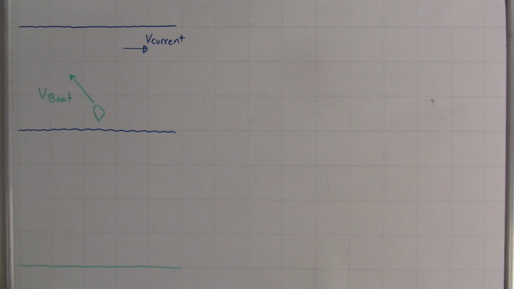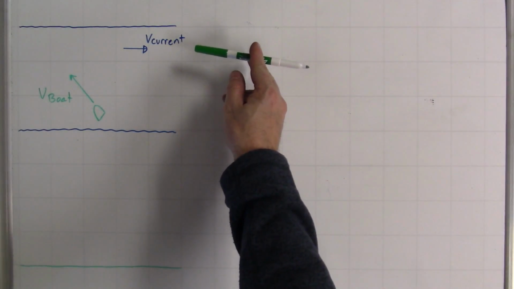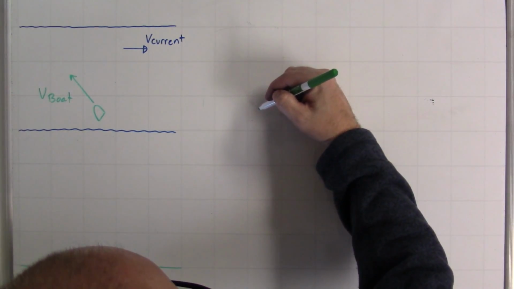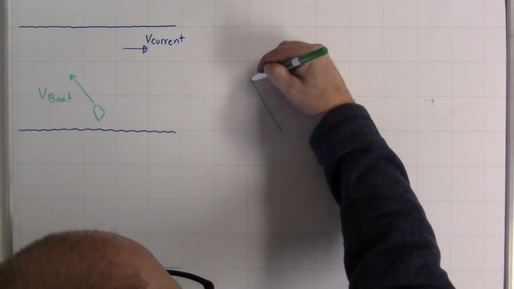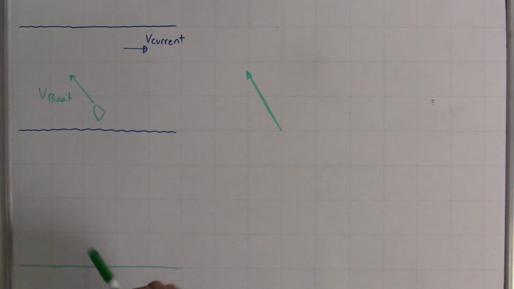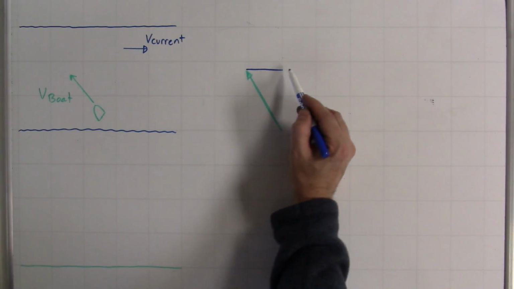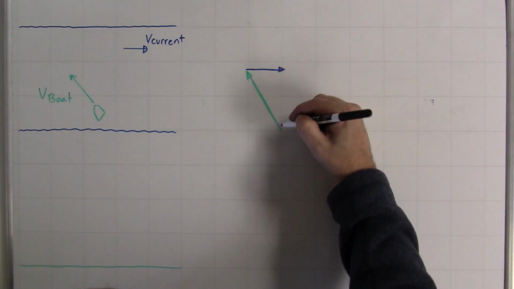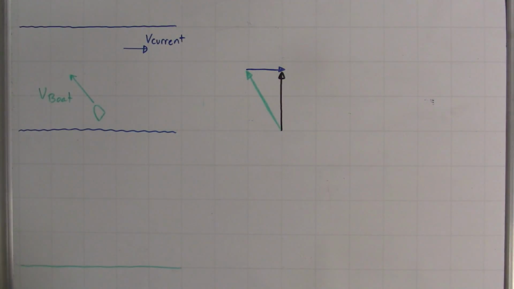In the last problem, the boat was one of the legs and the current velocity was also one of the legs. In this case, however, what we're going to notice is that the boat this time is the diagonal. The current is still horizontal, and the resultant is this way.